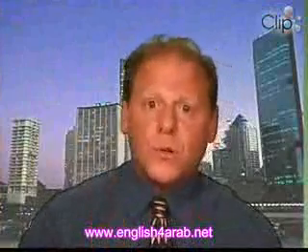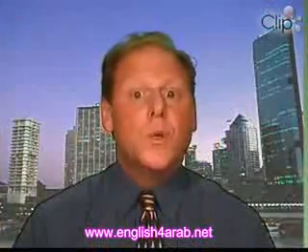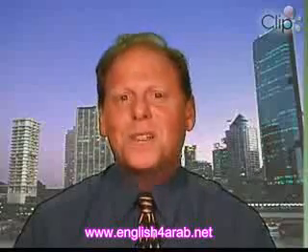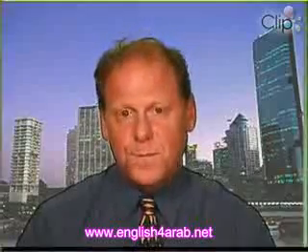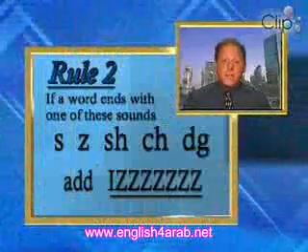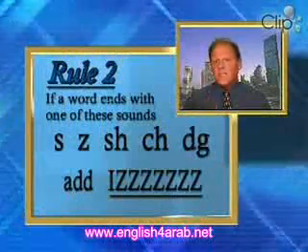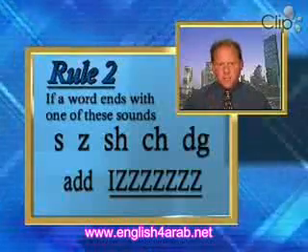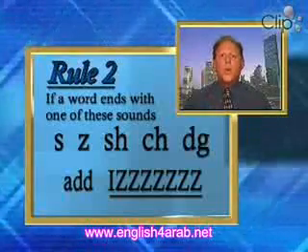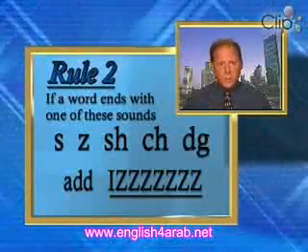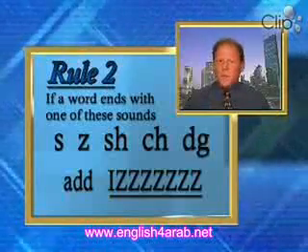But on rule number 2, now this one you probably do not do, so pay close attention to this rule. When adding an S to a word to make it plural, if a word ends with any of these sounds, s, z, sh, ch, or j, as in judge, and don't worry, you really don't need to memorize this.